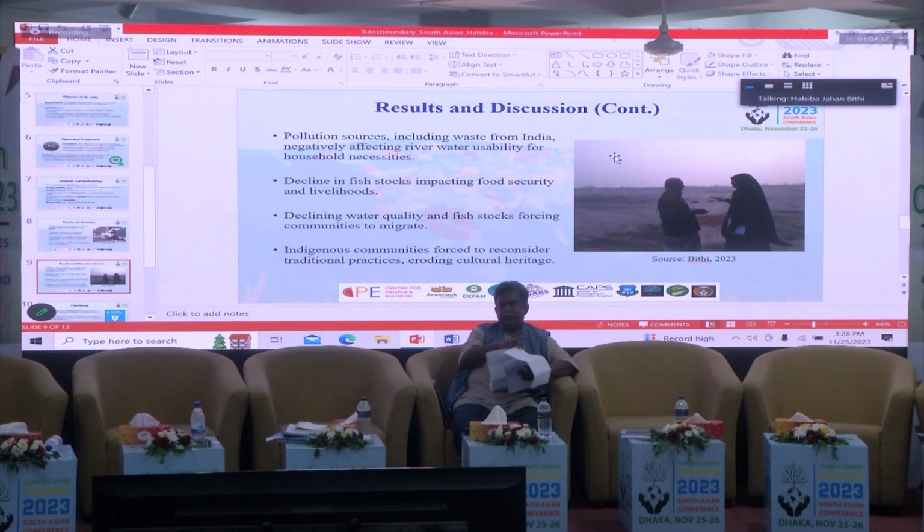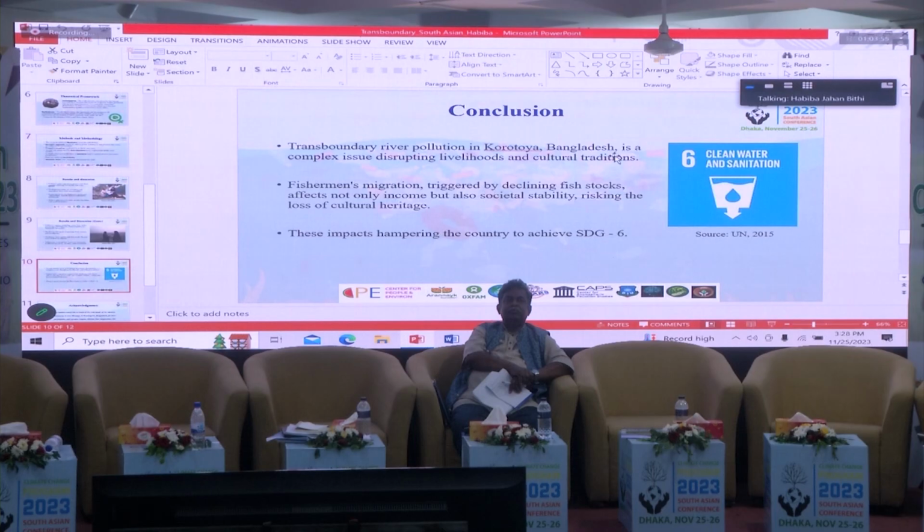Pollution sources, including waste from India, negatively affect the water's usability for household necessities, and the decline in fish stocks impacts food security and livelihoods too. Declining water quality and fish stocks force communities to migrate, and indigenous communities are forced to reconsider traditional practices, which erodes their cultural heritage.